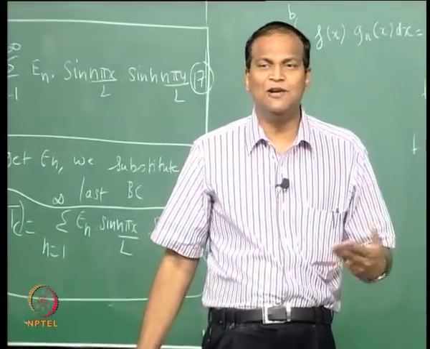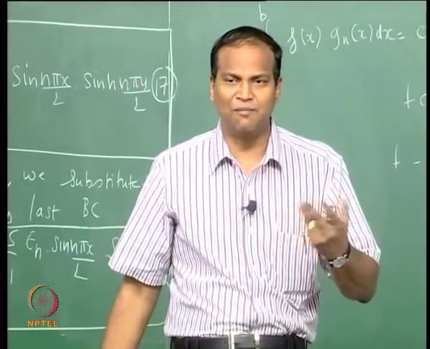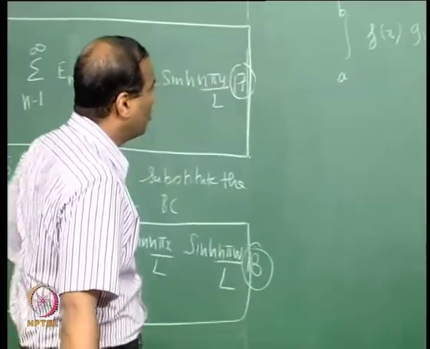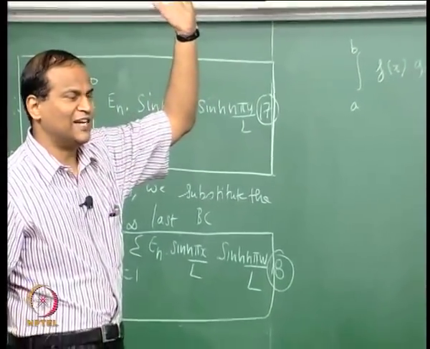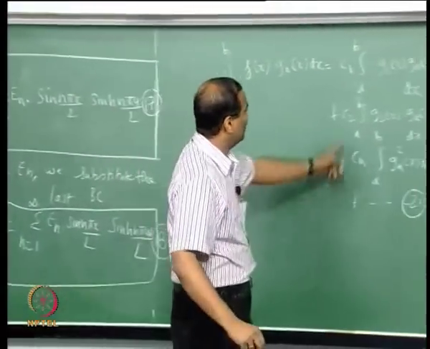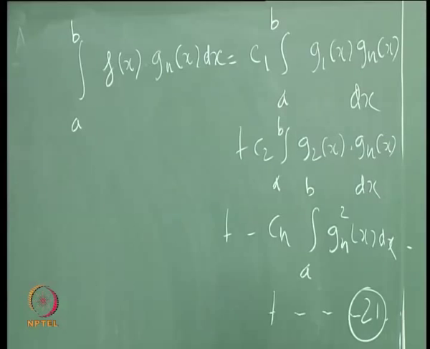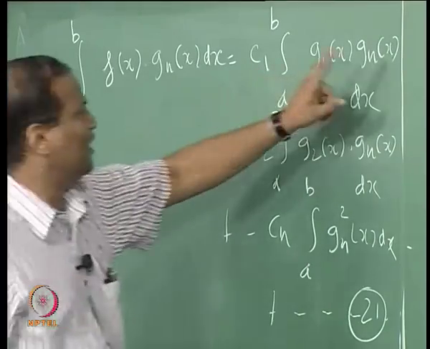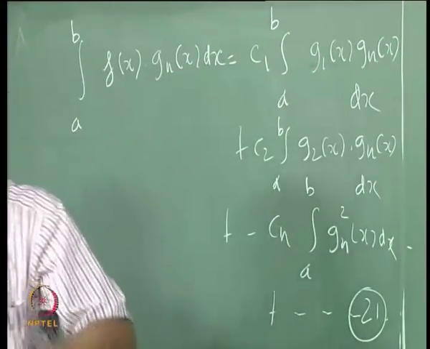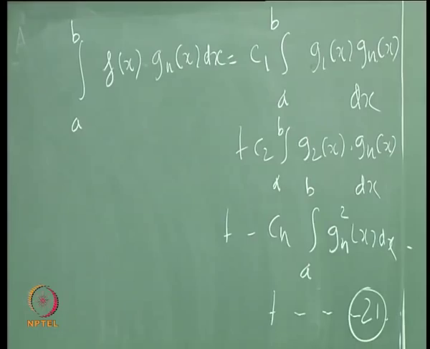The big deal is g1, g2, g3, gn, gm are all orthogonal functions. Therefore all of the integrals on the right side except the gn squared of x will all be 0 because it satisfies the orthogonality property. For any value of m not equal to n, the integral automatically becomes 0, that comes from the property of orthogonality.